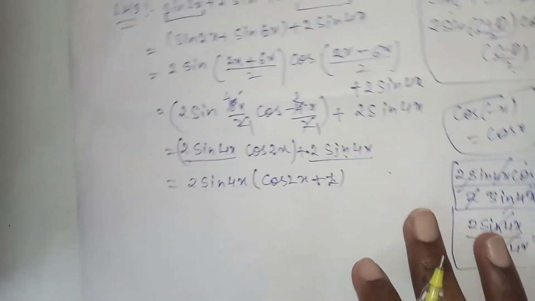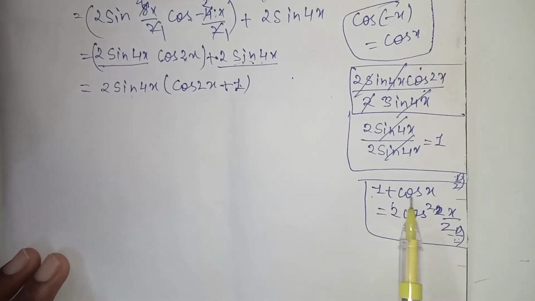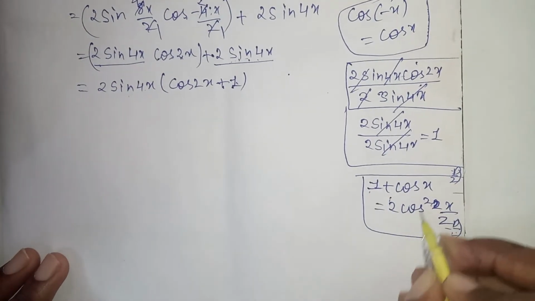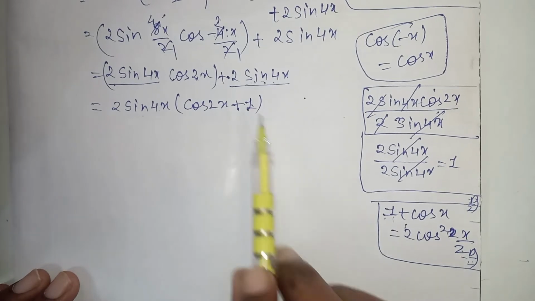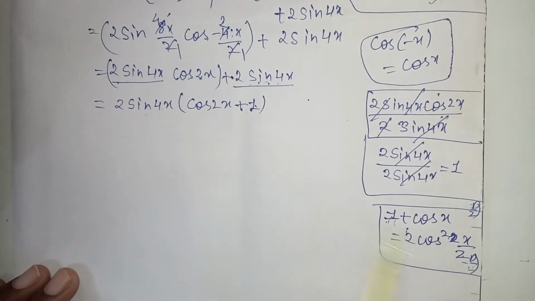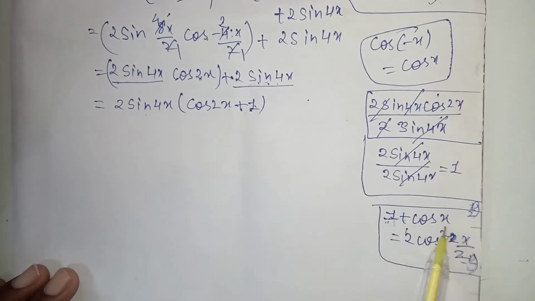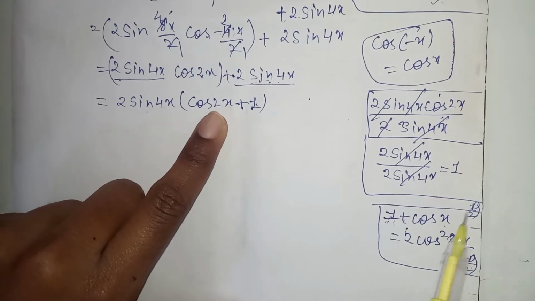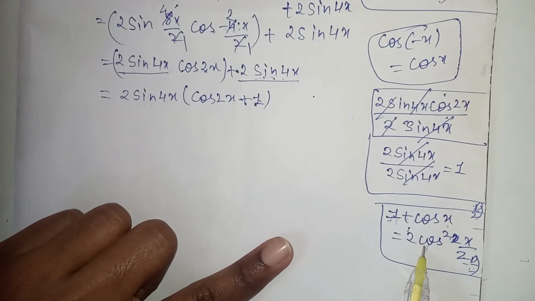And as I've said, one formula is there: 1 plus cos x is equal to 2 cos square x by 2. So in this form only. The only difference is that 1 is at the last, here 1 is at the front. Same form, 1 plus cos, with 2x in place of x. So it is in the left hand form, and you have to write it in the right hand form.